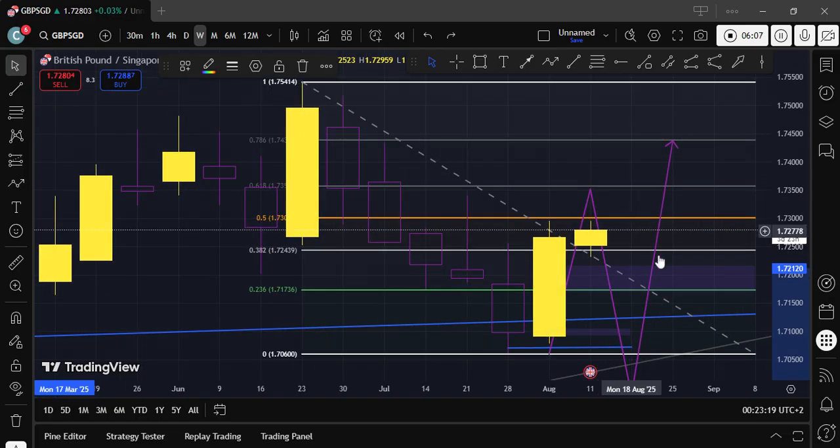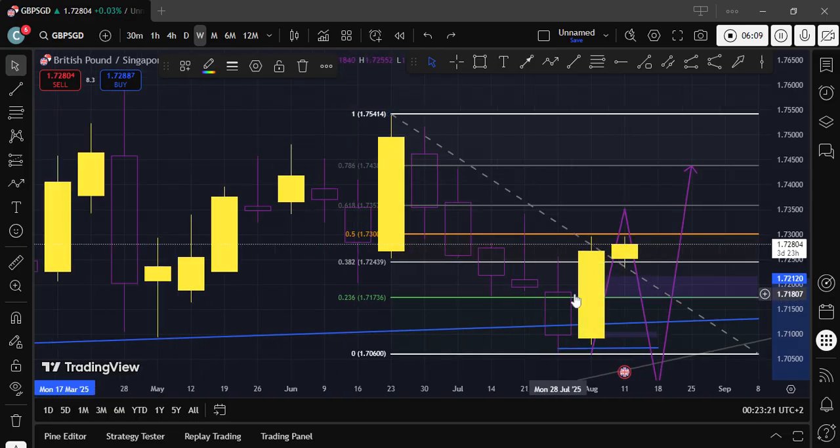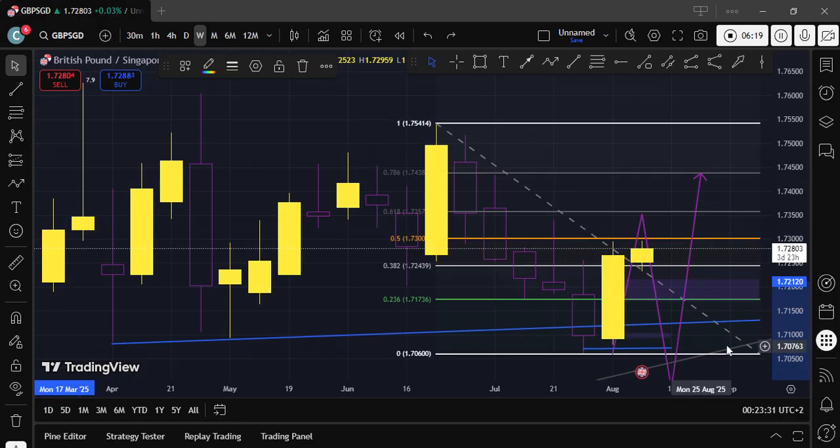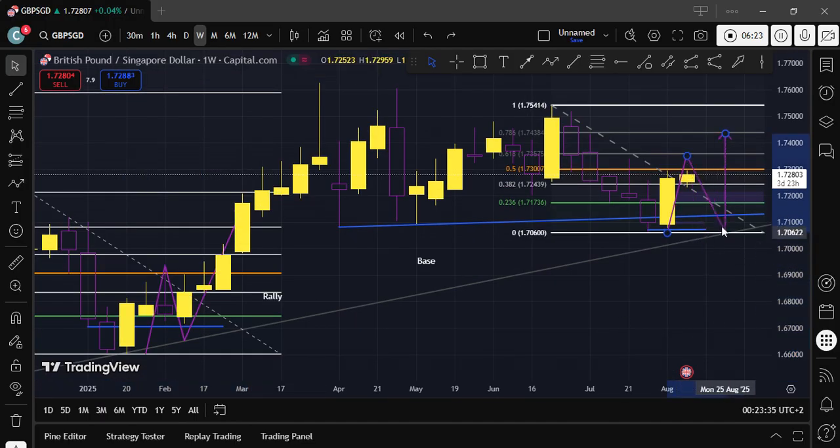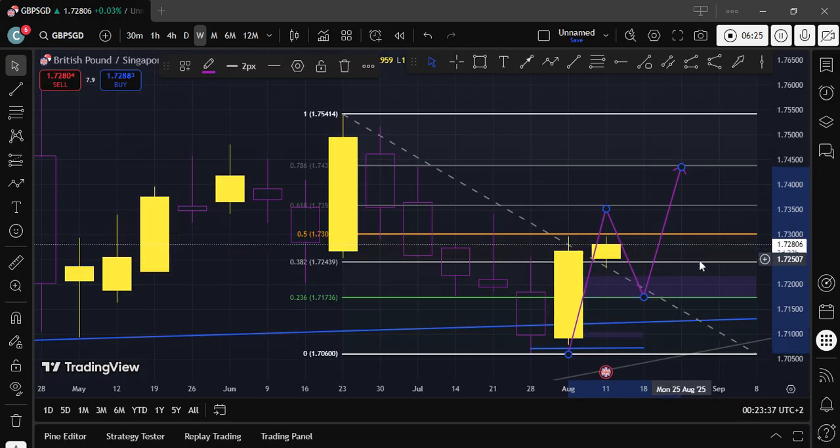So what I'm looking at here is there's a high possibility that the market may not even want to land on the 23.6 because of the previous low that was broken before we made it down here.